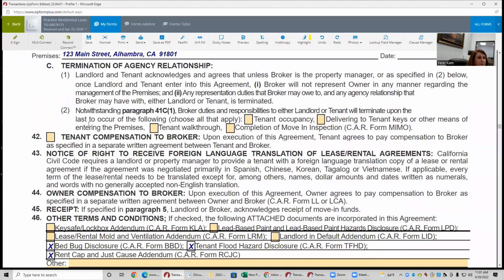Down here, notwithstanding 41C1, broker's duties and responsibilities to the landlord and the tenant will terminate upon the last to occur of the following.